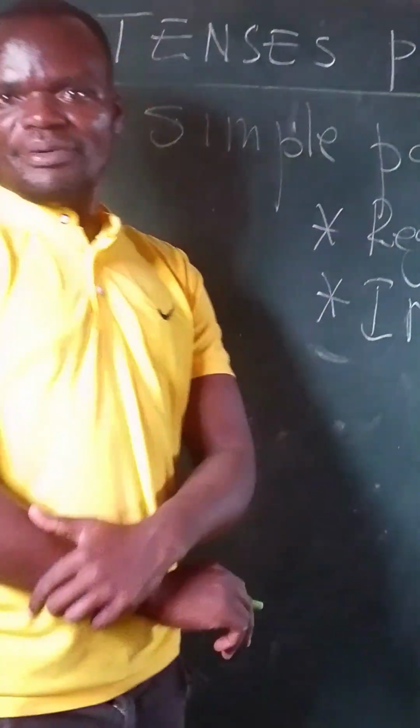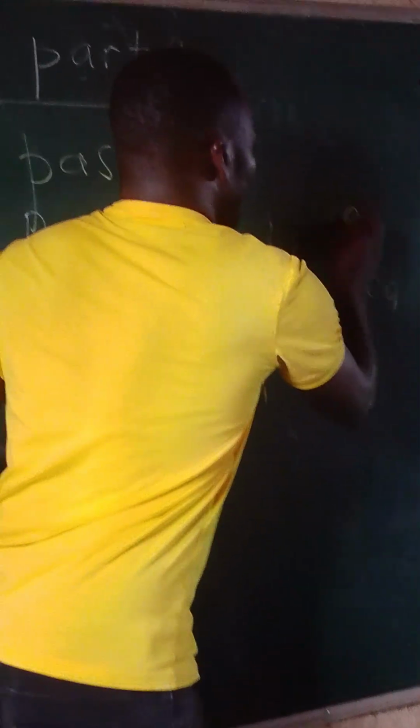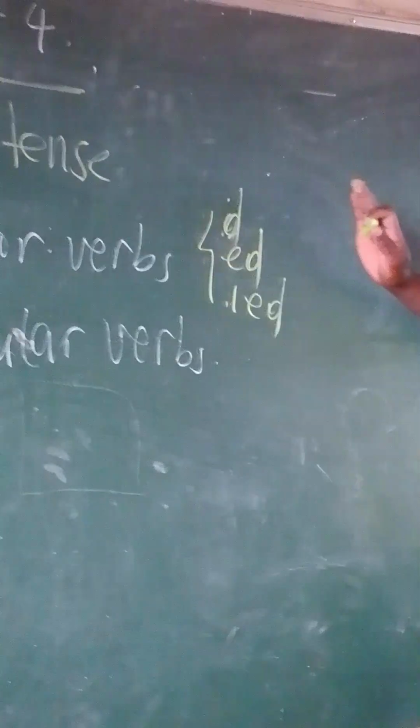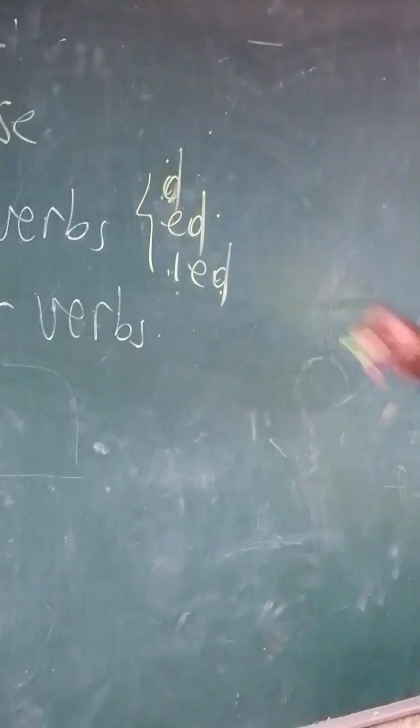These are all about just forming simple past, right? So when we are forming the past by adding d, ed or ied.